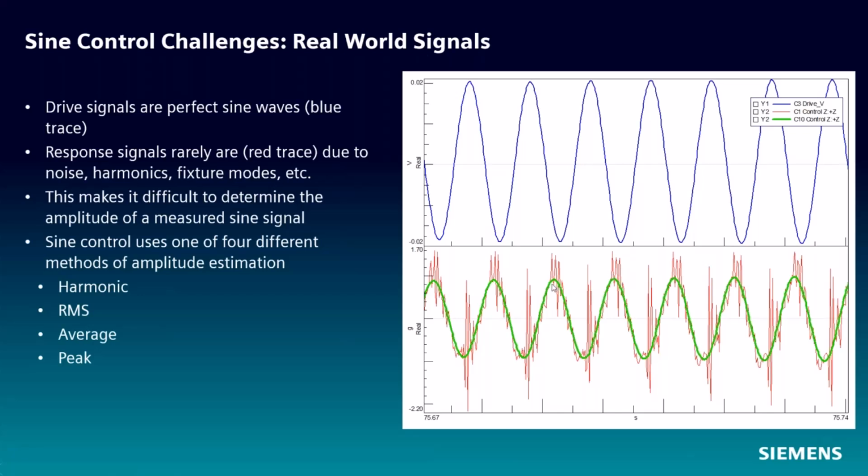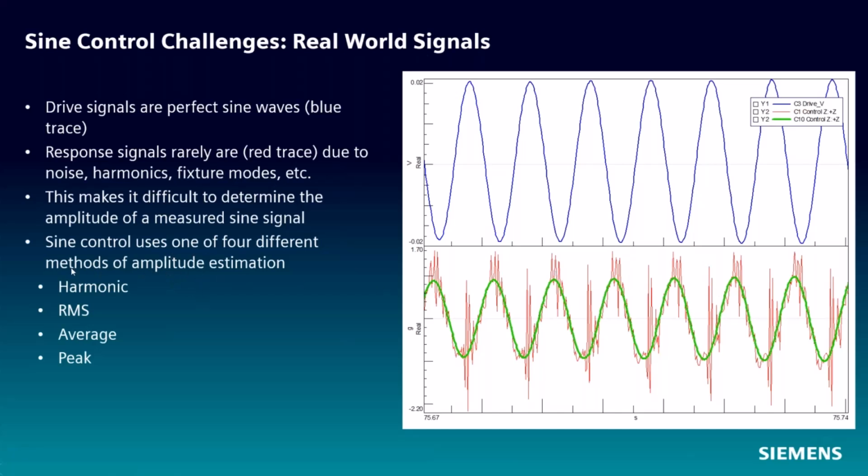What we want to see in an ideal world is this nice green trace that looks like a great sine wave. But if this is the actual test, and I'm seeing this in the time domain, but my controller thinks I'm seeing this, maybe I'm over testing. To address this noisy sine issue, we ask: what's my amplitude here at any given point in time?